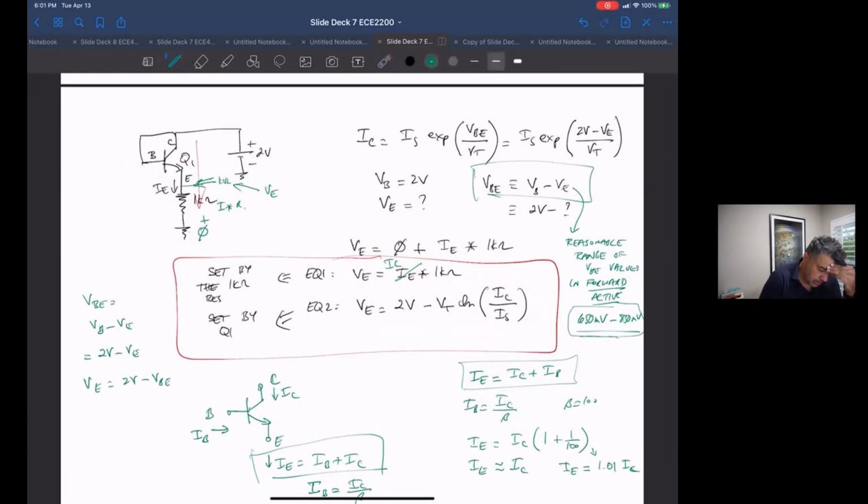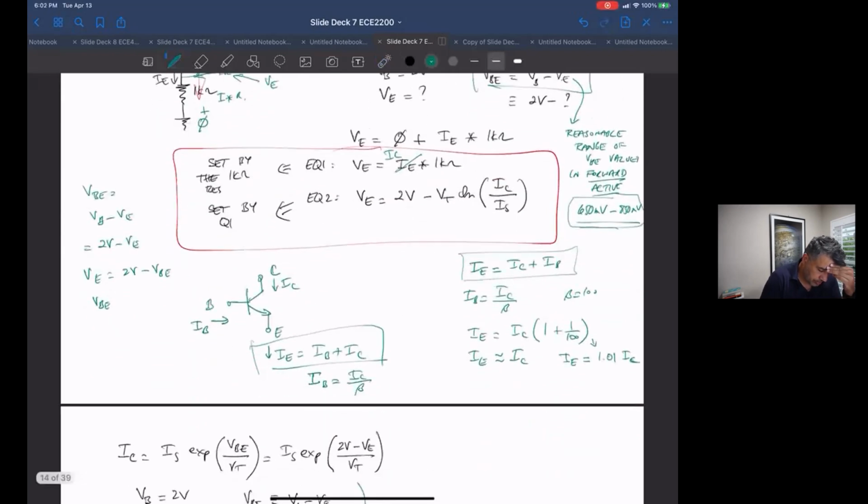I'm going to guess that VBE is, I don't know, 750 millivolts. It's always my favorite first guess. Okay, meaning that VE is going to be 2 volts minus 750 millivolts, which is equal to 1.25 volts.